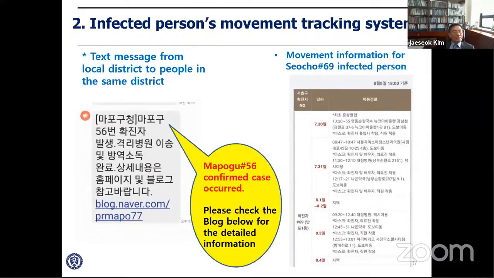This is a sample text message from the local district to people in the same district. Okay, Mapogu district, number 56 confirmed case occurred. Please check the below address for detailed information. When you click this, you can see the detailed movement information for this person on each day and time with some location.